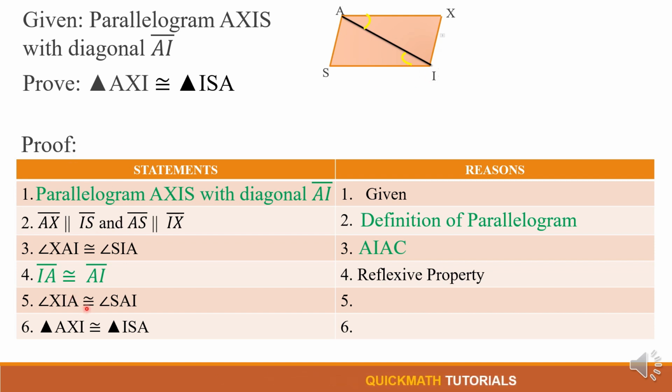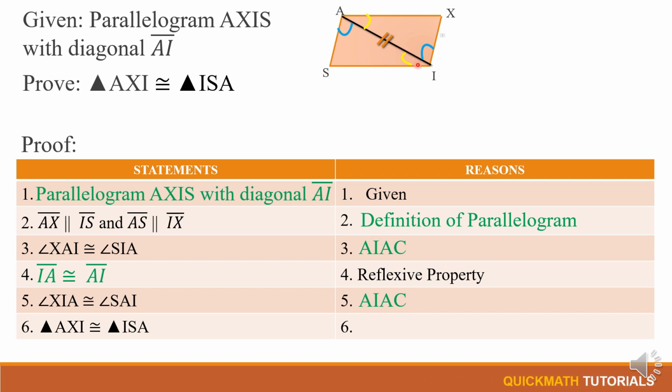And for number 5, we have the angle XIA and the angle SAI, they are also congruent. And the reason is still the alternate interior angles are congruent.